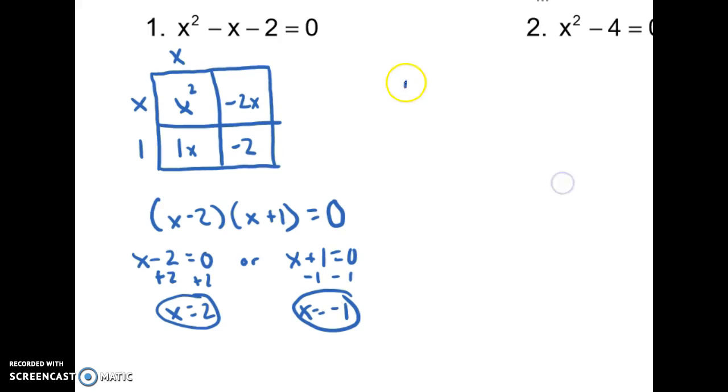If we were to graph this one, and I'm just going to do a real rough sketch of it, that means my graph would cross here at negative 1 and at positive 2. It would look something like this. And those are my two solutions. The solutions to the equation that's set up with the factors are the x-intercepts of the parabola.